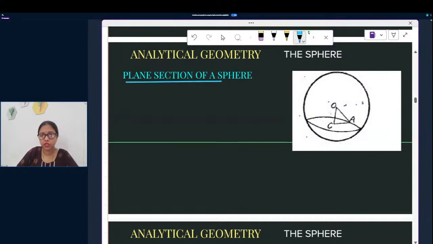Let's see this plane section of a sphere. Now we are going to deal with the intersection of a sphere and a plane. So what do you imagine when you imagine a sphere and a plane?